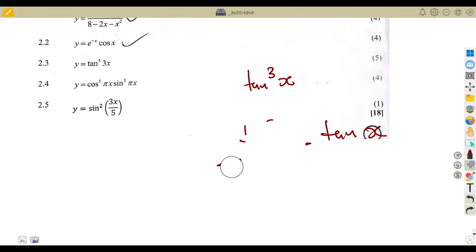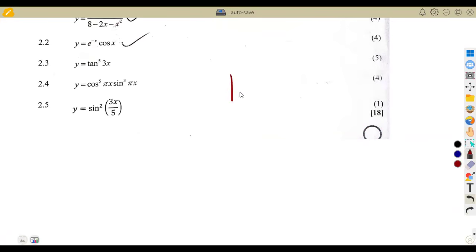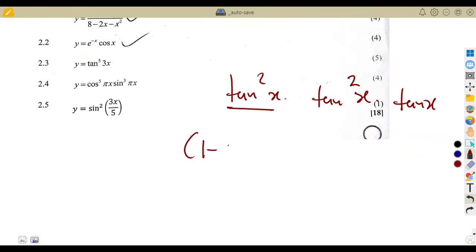So for a tan to the exponent of 5, it is supposed to be tan squared x times tan x. This was supposed to be your normal approach, whereby this here is going to give us sec squared.